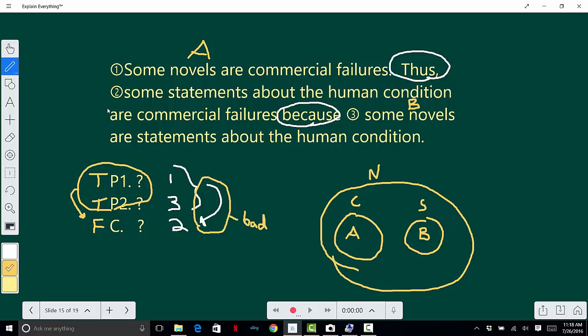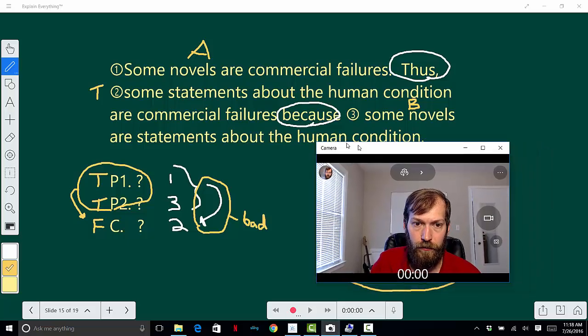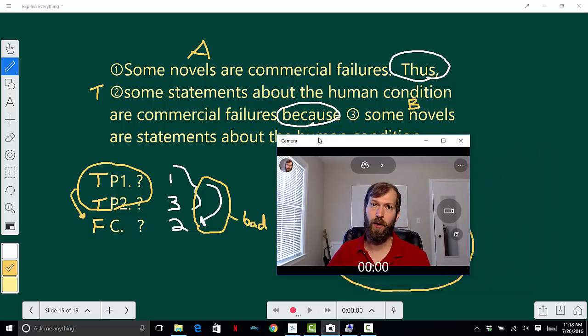And that is the case even though statement 2 happens to actually be true. Right? But remember, what we're doing in an argument is we're trying to convince somebody that the conclusion is true. So just because it is true doesn't make the argument a good argument.